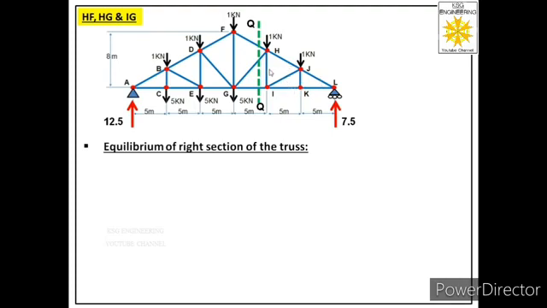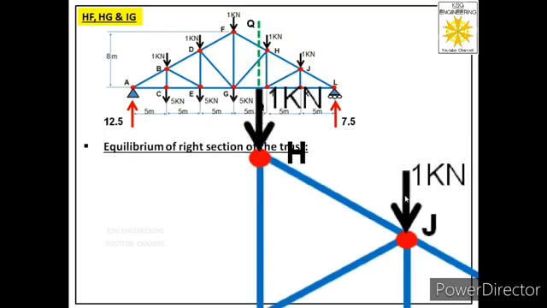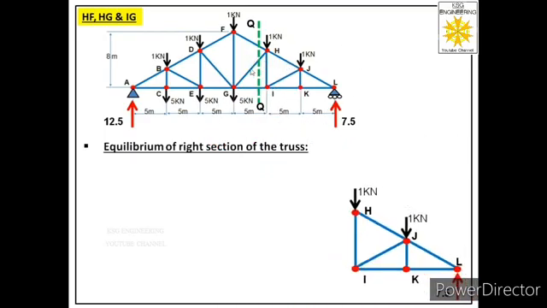Then we have to represent this reaction at joint L, and we have to represent these two external forces at joints J and H. After that, we have to show these cut members also, HF, HG and IG. So let us draw the free body of the right section. So we have drawn 7 members over here.